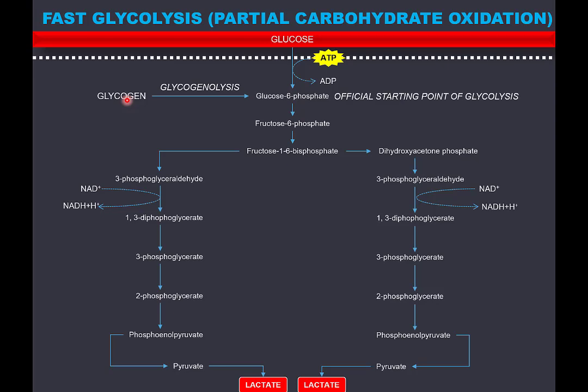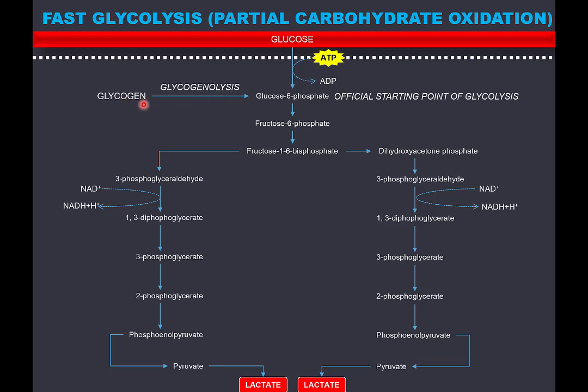Potential bonus question. Now we can also get glucose 6-phosphate from the breakdown of glycogen that exists within the muscle cell. And that process is indicated here. It is called glycogenolysis. Lysis, again referring to breakdown of something, and that something is glycogen. Glycogenolysis, so breakdown of glycogen.